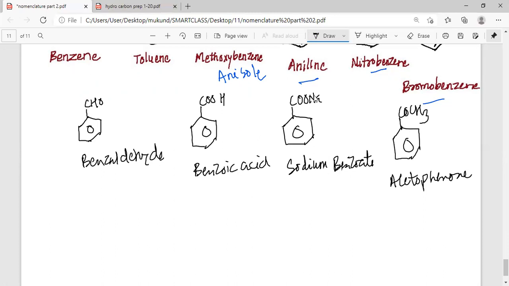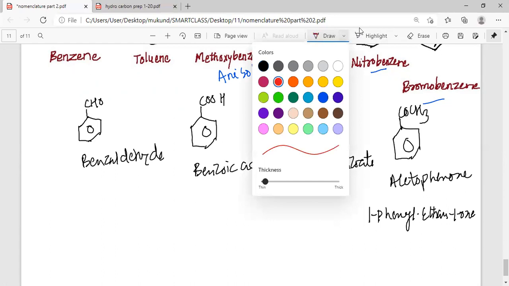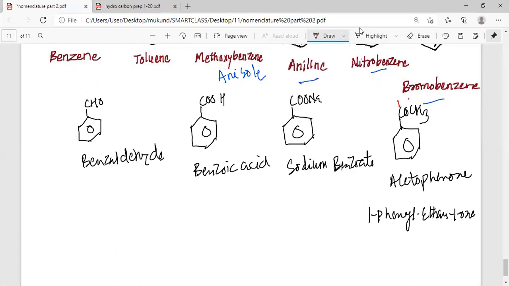Now please remember, my dear students, that acetophenone is the common name, but we should write it as 1-phenylethan-1-one. So we can give the numbering this way. This is first carbon, this is second carbon. On first carbon we have phenyl group, that is your C6H5 group.